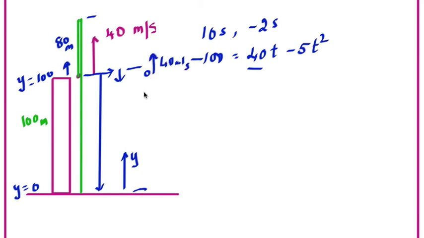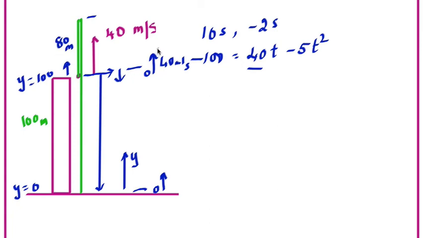Why is it doing so? Possibly because the student just threw it up with 40 meters per second, or maybe at an earlier time someone threw it from the ground level, with such an initial velocity that at this time it's passing the top of the tower with 40 meters per second.